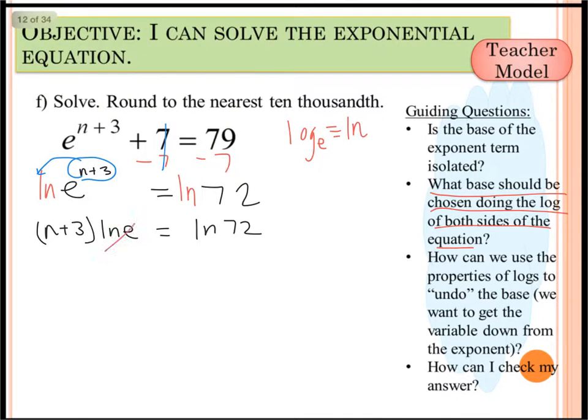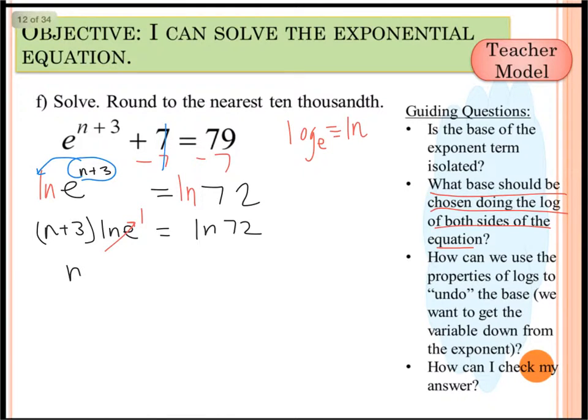Natural log of e is actually just going to be 1, so I can sort of drop that or think about multiplying by 1, which doesn't change the expression. And then our natural log of 72, that's going to be some decimal, and we'll get to that here in a minute. So let's rewrite our expression.